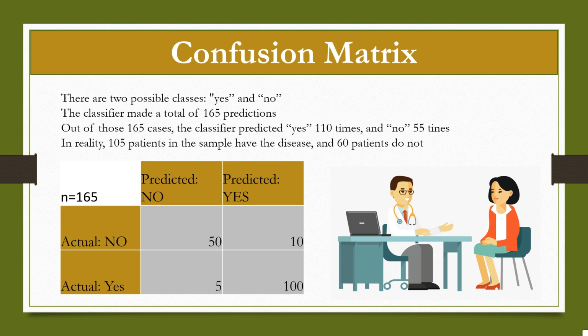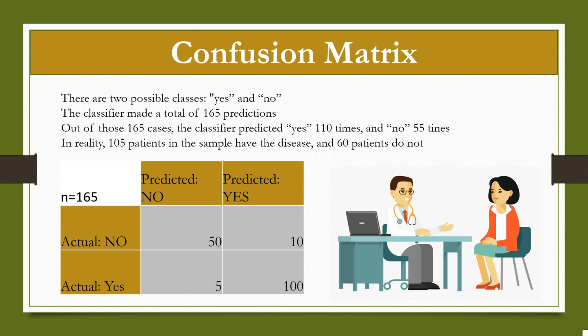It predicted 110 times that the patient has a disease and 55 times that no, the patient doesn't have a disease. However, in reality, only 105 patients in the sample have a disease and 60 patients do not have the disease. So, how do you calculate the accuracy of your model?